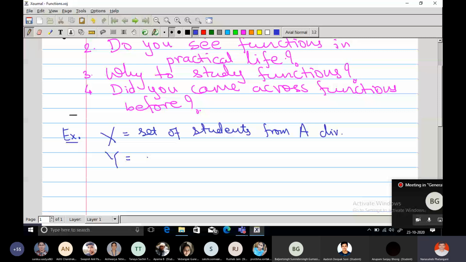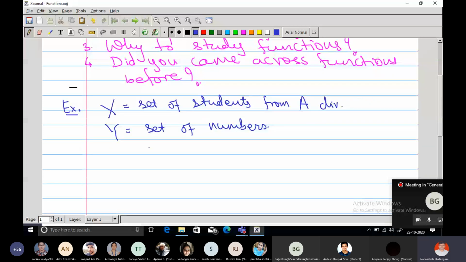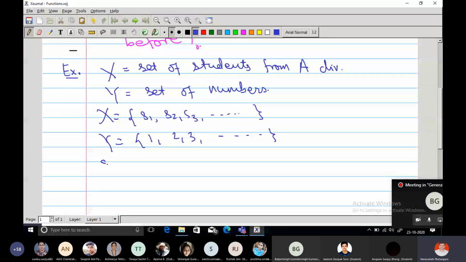Suppose my set is the set of students, so S1, S2, S3 are students. And the set of numbers is 1, 2, 3, and so on. Whatever the number is, that is not an issue at this instant. So I will assign S1 some roll number, suppose 10.